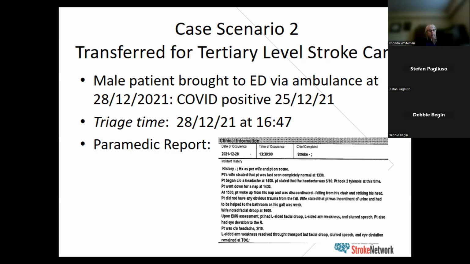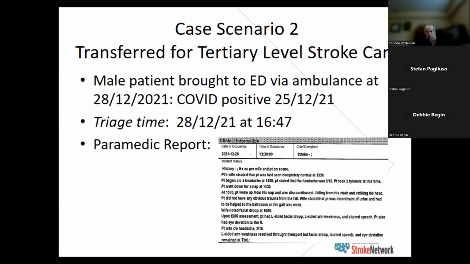Okay. So for case 2, the patient was brought to the ER by ambulance, tested COVID positive 3 days prior on December 25th, 21. They were triaged December 28th at 16:47.